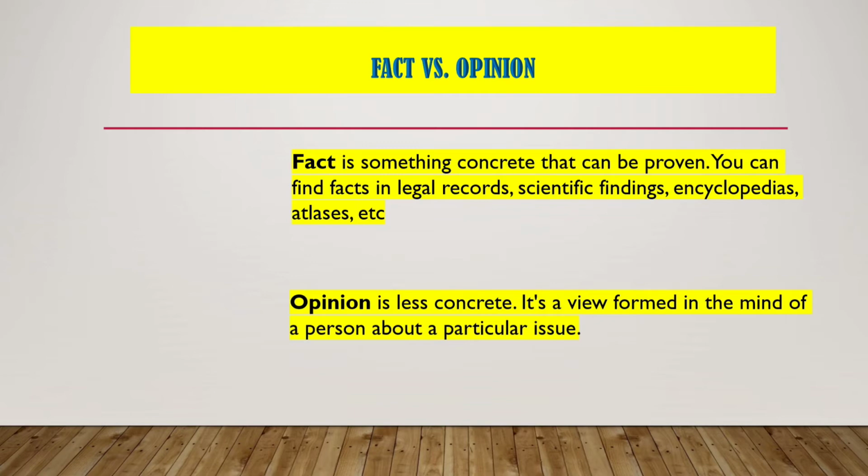So this is an example of opinion. Let me give you another example. Penny can have the opinion that cold weather is better, while John can prefer hot weather. That is another example of opinion. Just to have a quick recap.